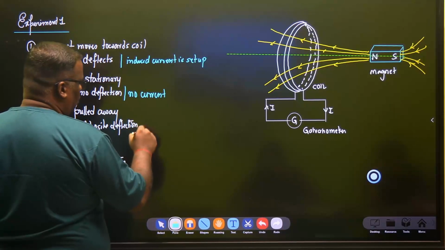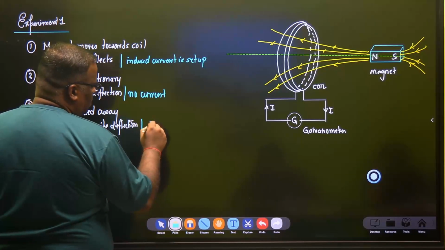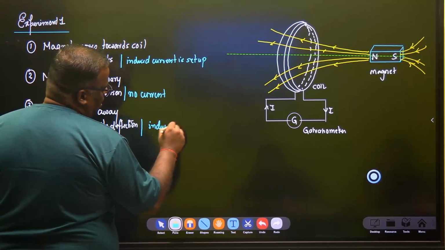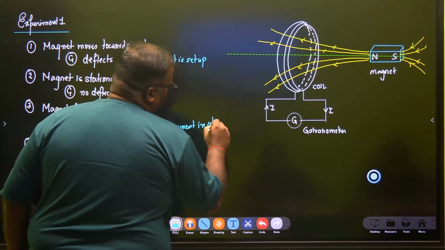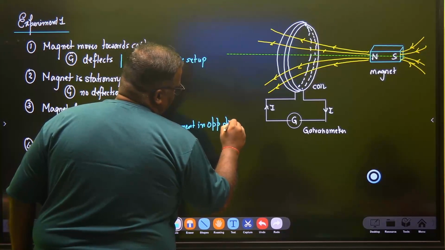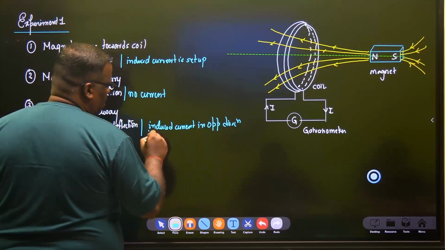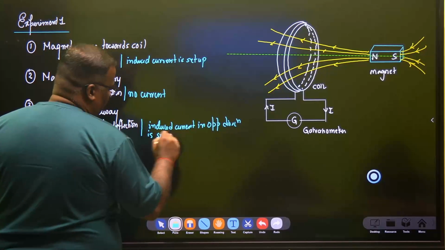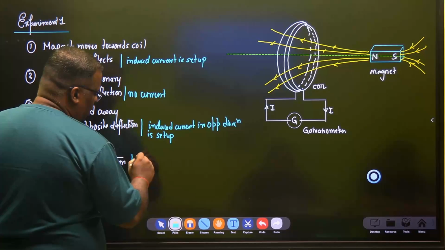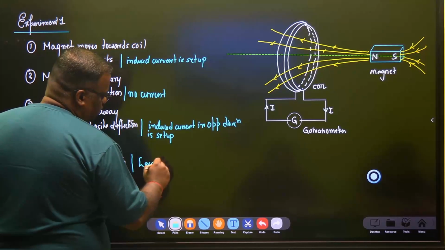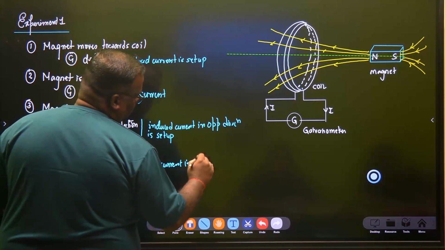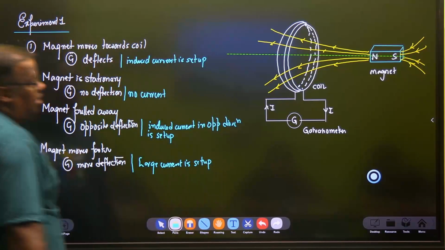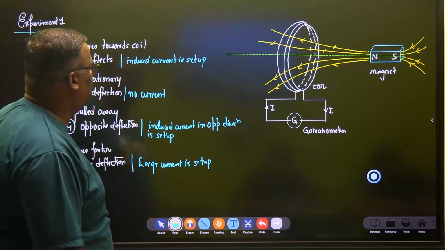Here again, opposite: induced current in the opposite direction is set up. And what does the fourth one tell you? A large current is set up. Pretty easy to understand: if you have more deflection, your current is large.